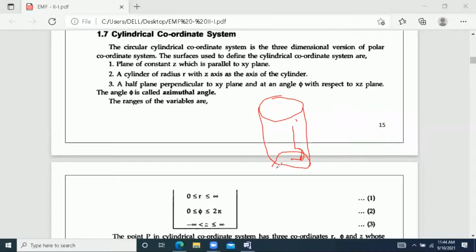To come out is R. To go around is phi. And to go up is Z.